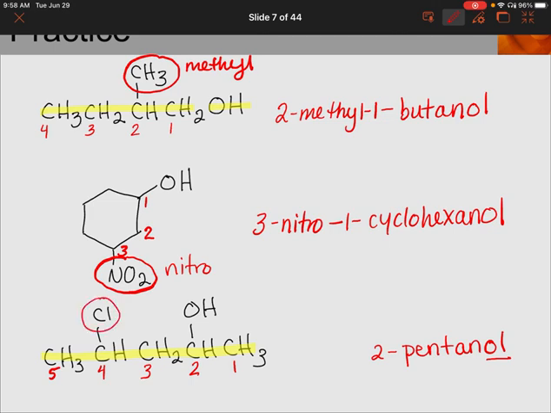And then we'll add where the chlorine is located. So that's on carbon 4, so that's 4-chloro-2-pentanol. So 4-chloro-2-pentanol. Okay, so hopefully that helps a little bit with understanding how to name alcohols.